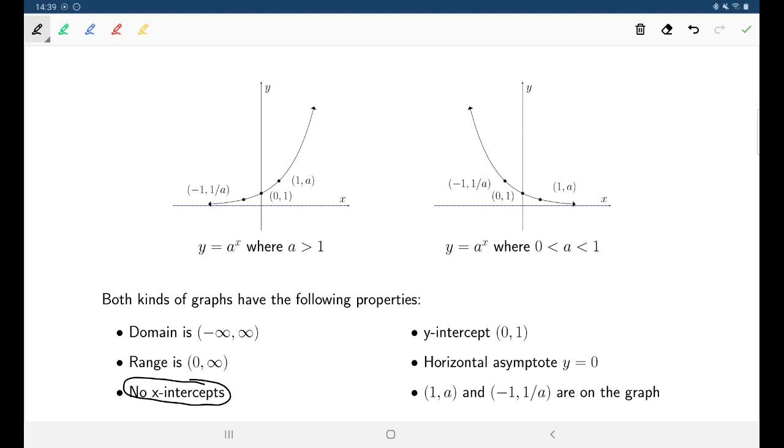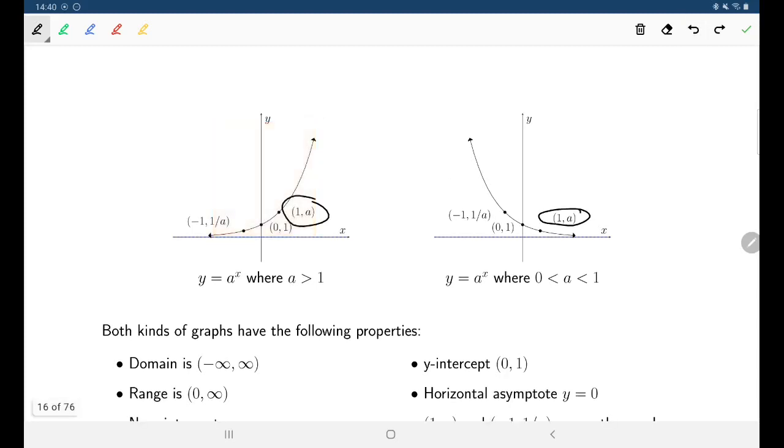You also have 3 points that are on all of the graphs for the exponential functions, no matter what the base is. They all have the y-intercept (0, 1). Whether the base is small or large doesn't really matter. They all pass through the point (1, a), where a is whatever the base is. So if a is larger than 1, that's an increasing graph.